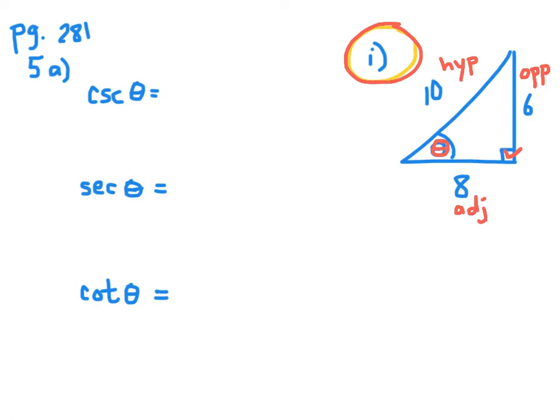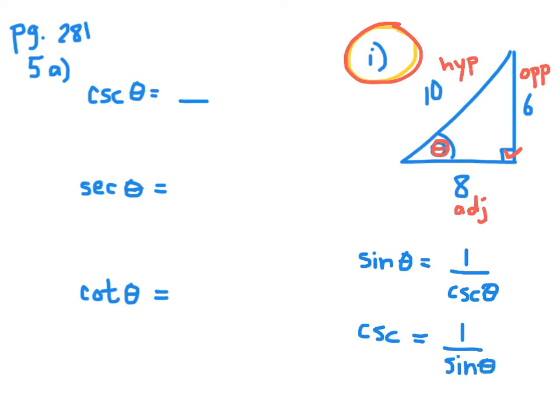Now, let's take a look at these trig ratios. Cosecant. Just remember that cosecant is the reciprocal of sine. So sine theta, we know, is 1 over cosecant theta, and likewise cosecant theta is 1 over sine. So it's a reciprocal.